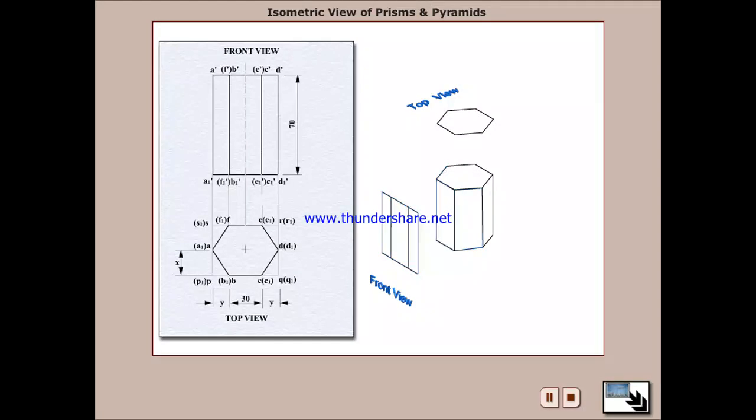So this is the isometric view of the object.